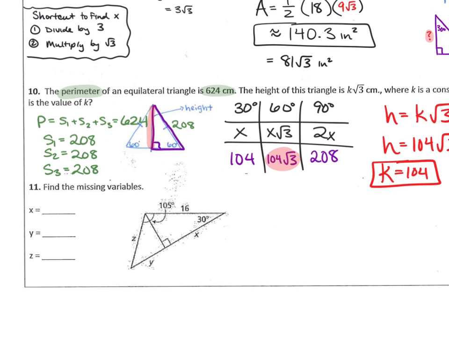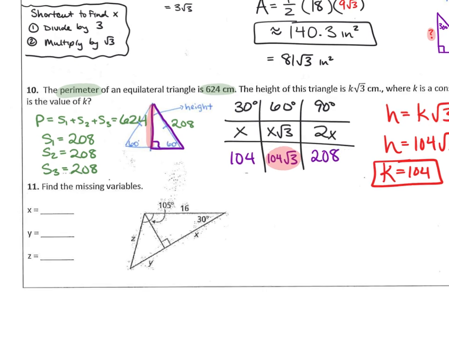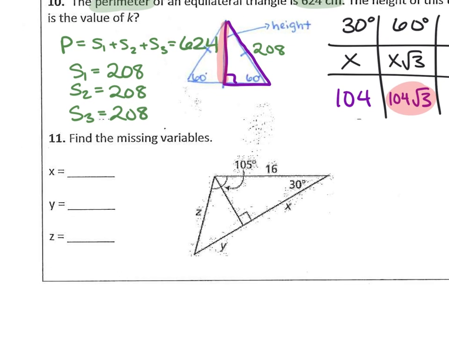Number 11, we're going to find the missing variables, but we got a whole situation happening here. We got two triangles smushed next to each other. We got a 90-degree angle, a 30-degree angle, which means for this triangle that's on the top-ish, what is this angle right here? 60. Everybody put a 60 right here. But the picture itself says that this whole thing, this whole obtuse angle is 105.